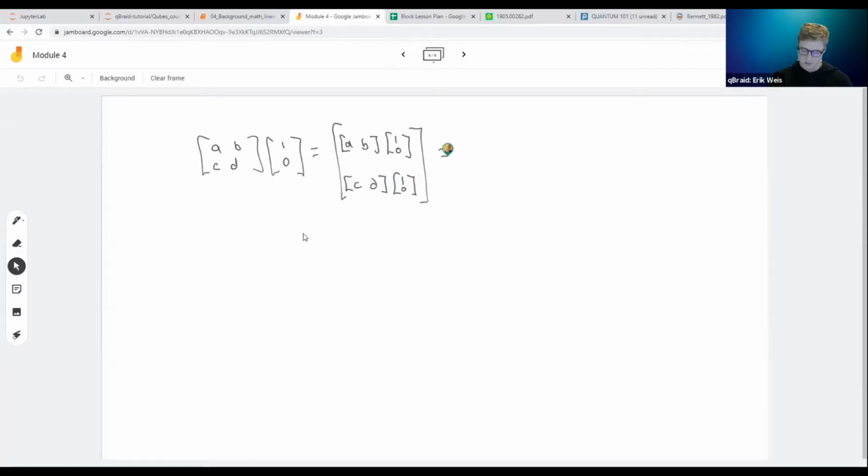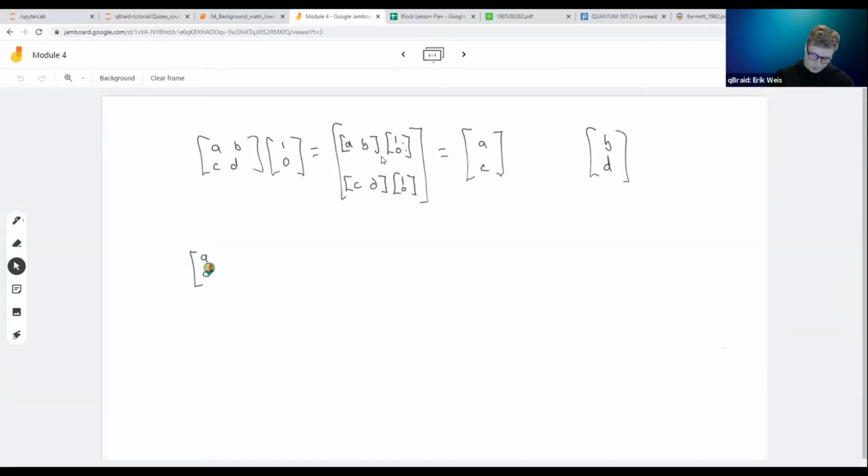You'll see that these inner products just equal A and C. Similarly, for the second, we get B and D. If I were to switch these 2 entries here, you would select the B value rather than the A value.